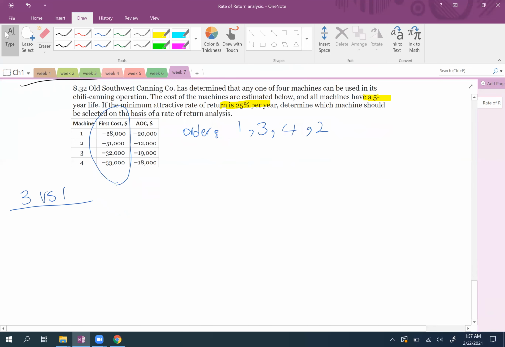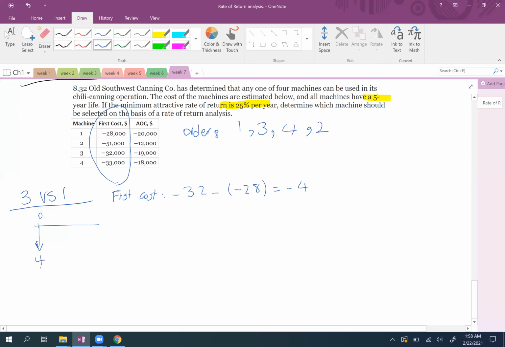Let's create the incremental cash flow. For the first cost, 3 minus 1 will be negative 32 minus 28, which will be negative 4.